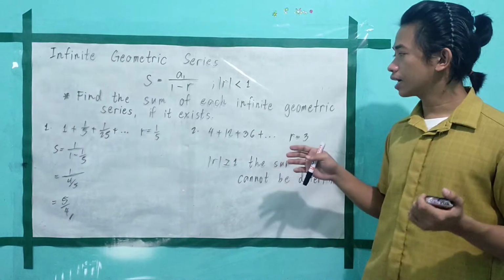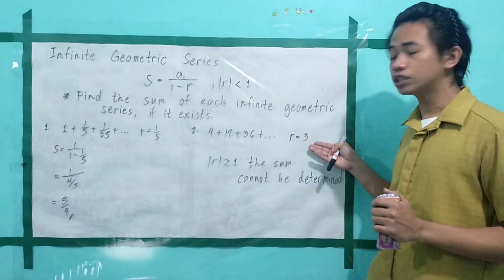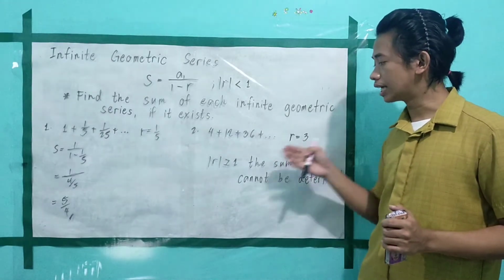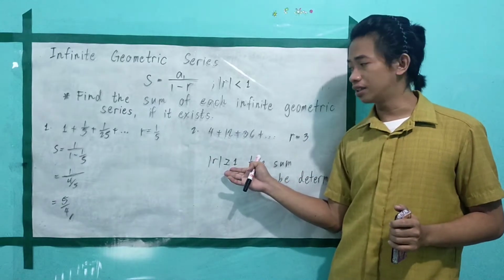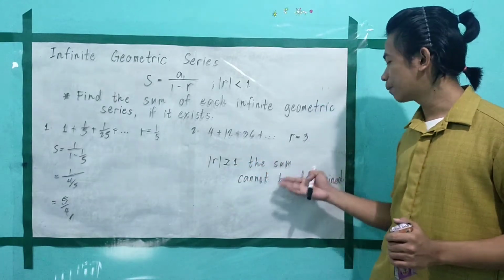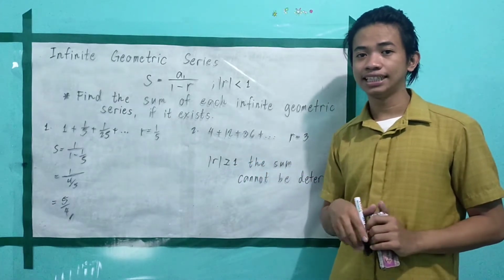Okay? When the common ratio in an infinite geometric series is greater than or equal to 1, the sum cannot be determined.